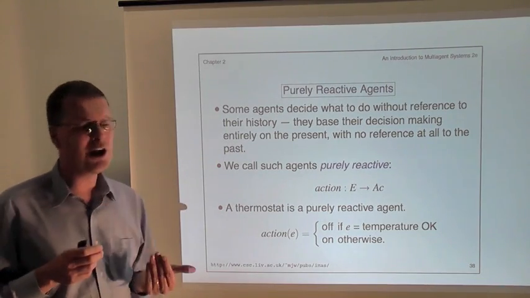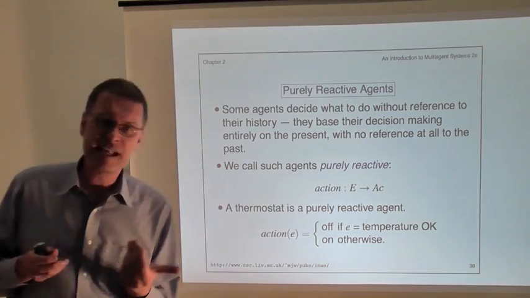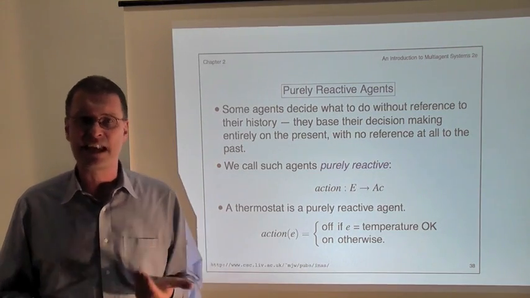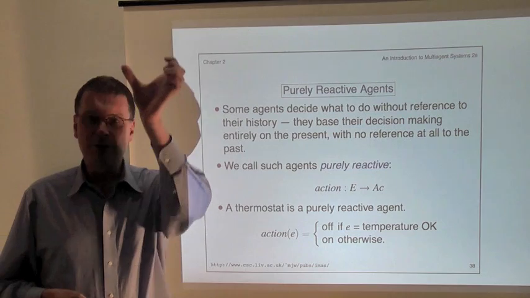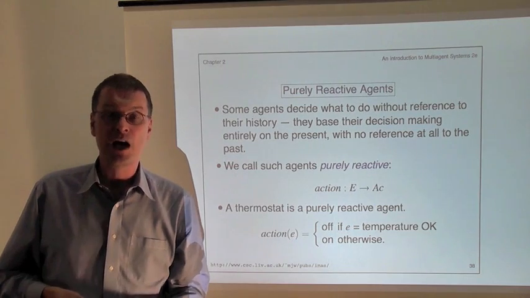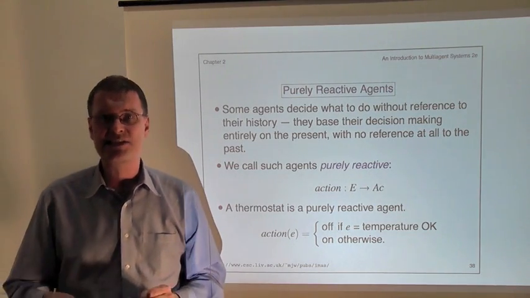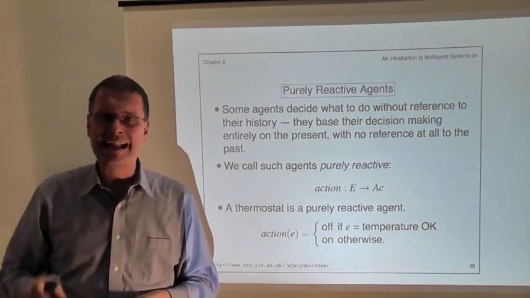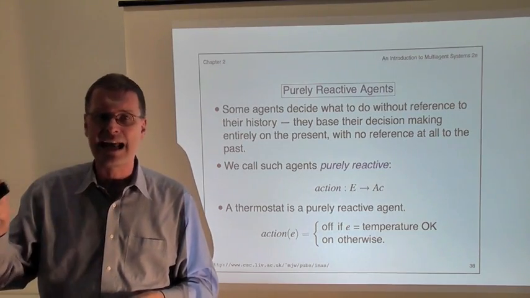Okay, so purely reactive agents are essentially just lookup tables, or rather the decision-making in a purely reactive agent is essentially just a lookup table. What our agent does is it has a lookup table where on the left-hand side of that lookup table are environment states, that is, possible configurations of the environment, and then on the right-hand side of that lookup table are corresponding actions.